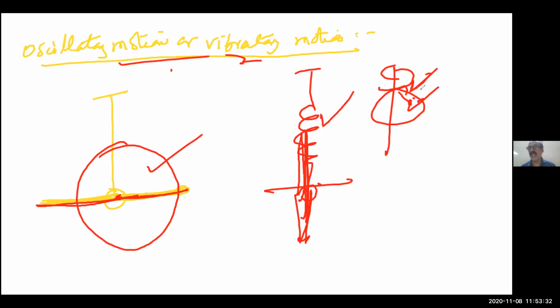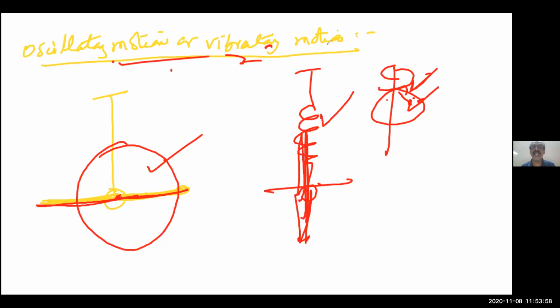So we can say all oscillatory motion or vibratory motion are periodic motion, but all periodic motion are not vibratory motion or oscillatory motion. Is it clear? Yes, sir. Spinning of the earth is periodic motion, but that's not oscillatory motion. But all oscillatory motions are periodic motion. Remember that.